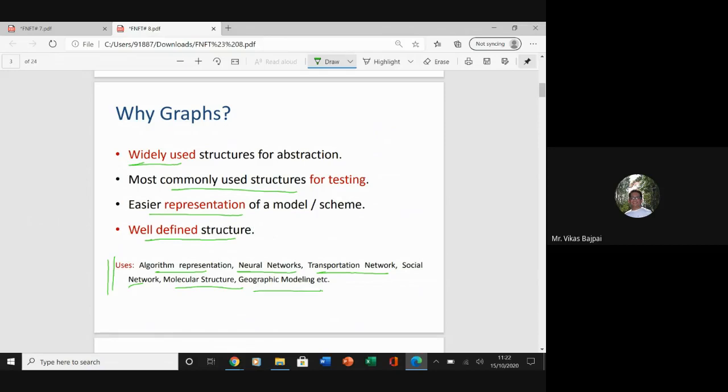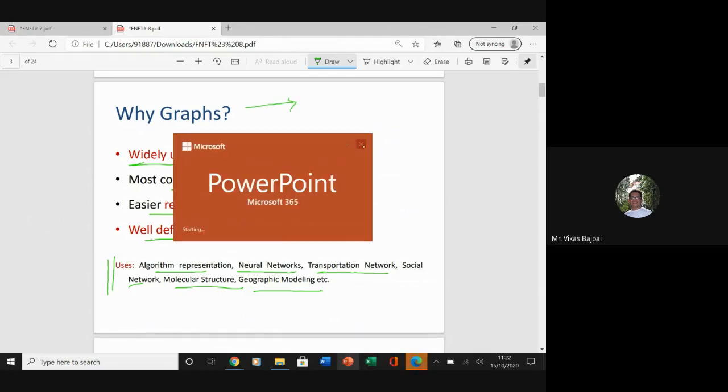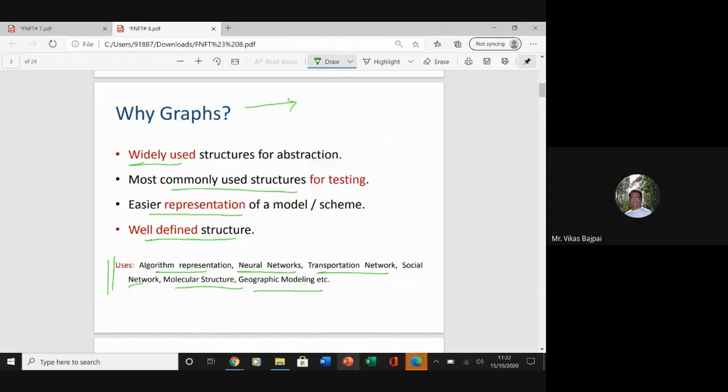And in mathematics also, like in discrete mathematics, right? In discrete mathematics, you might have studied graphs. Yes, I can recall that in discrete mathematics graphs are covered, and in topology we covered graphs.